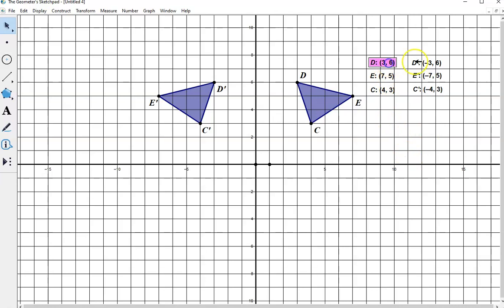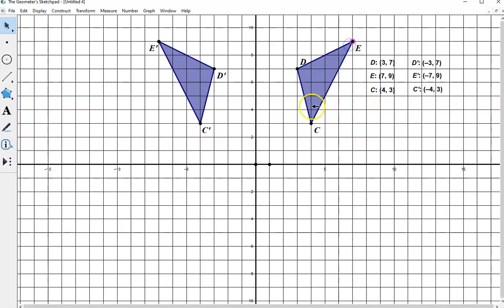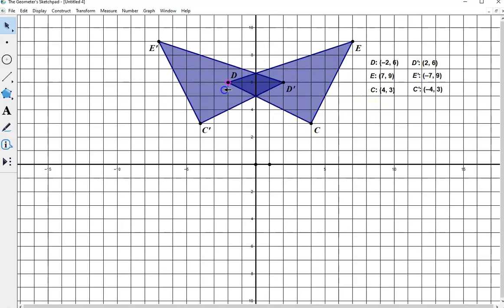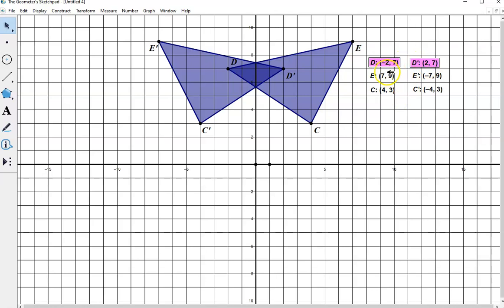If you look closely at their partners, it seems like only one thing has taken place: when we reflected over the y-axis, the x changed. And I think that makes sense. We could even change the shape and the form. We could say, what happens if it was here, or across the line, and so on. But we still notice the exact same thing. The x values, if they were negative, became positive.